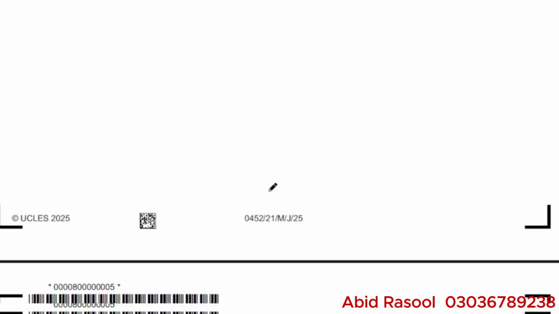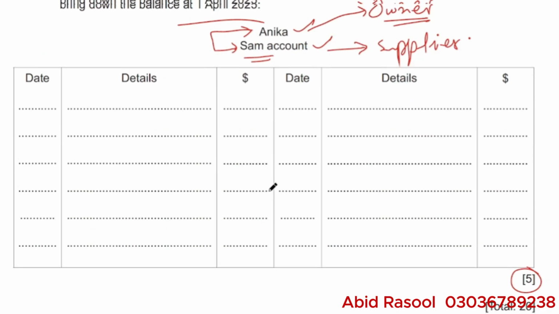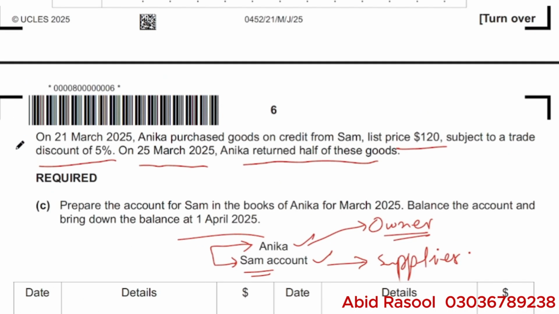Then in this paragraph we are also provided some information related to Sam: Anika is purchasing some goods from Sam, list price 120, with a 5% trade discount. Two transactions are given: one is purchases, and this one is purchases return.